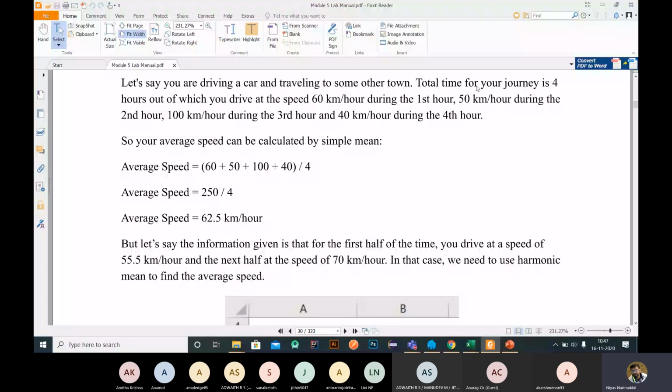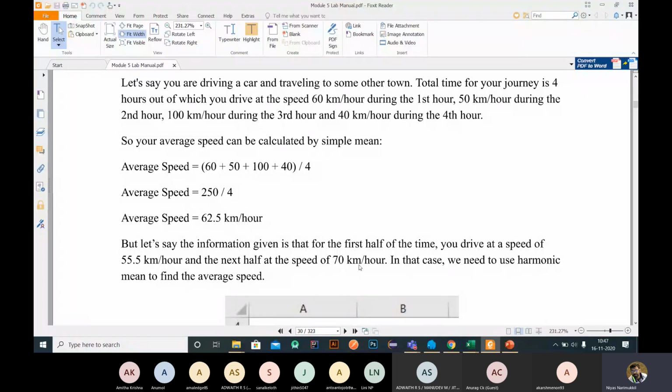Here the total time of the journey is not defined. For example, if you're going a distance of 160 kilometers to a specific area, you can go in different manners. You can go at 55.5 kilometers per hour for 100 kilometers, then go at 70 kilometers per hour for the remaining 60 kilometers.